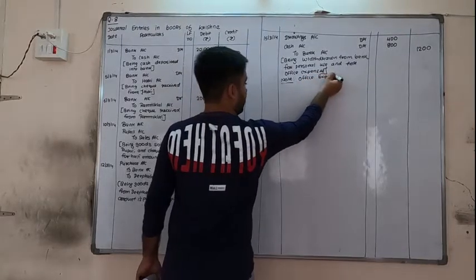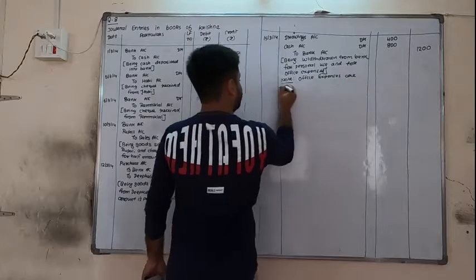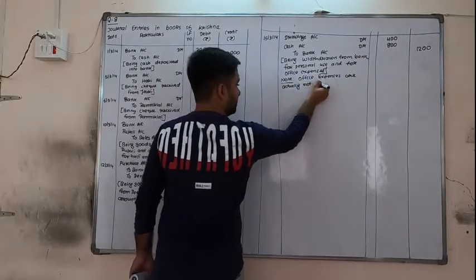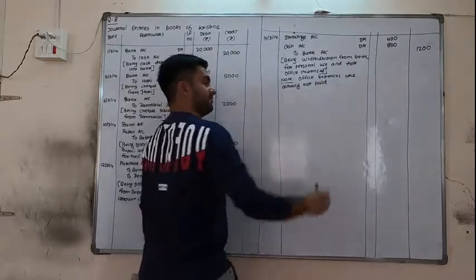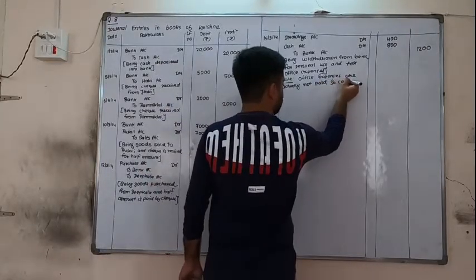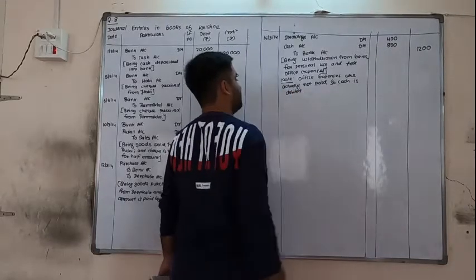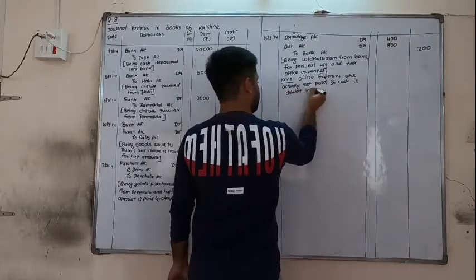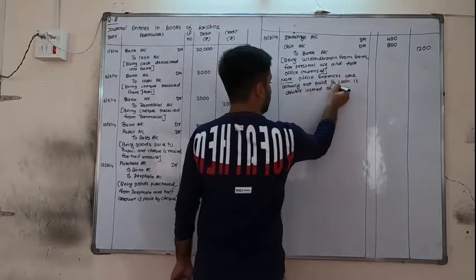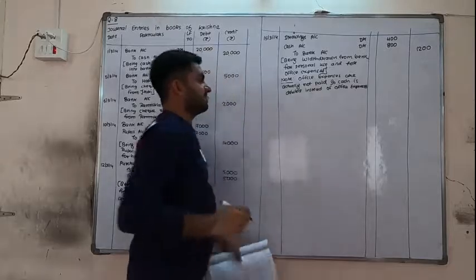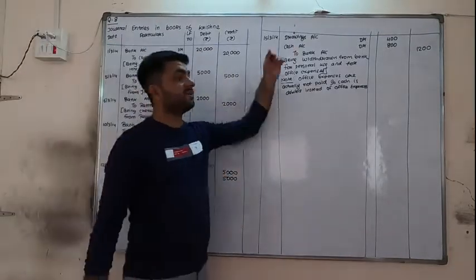Office expenses are actually not paid, so cash is debited instead of office expense. Why we have not debited office expense?